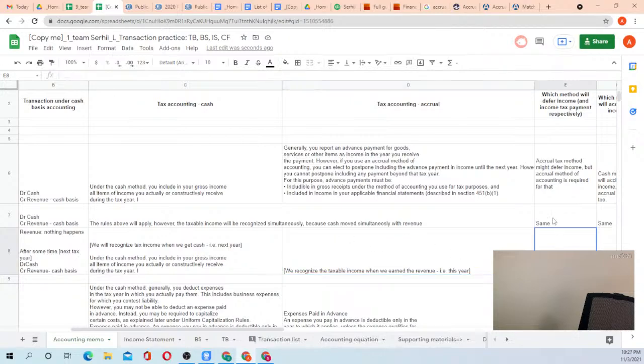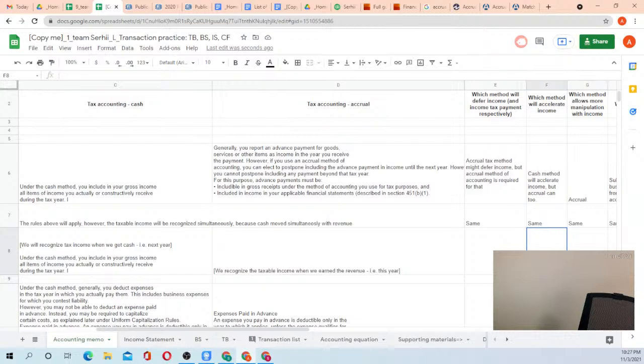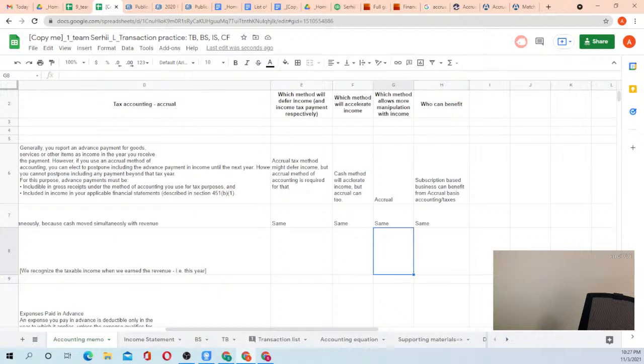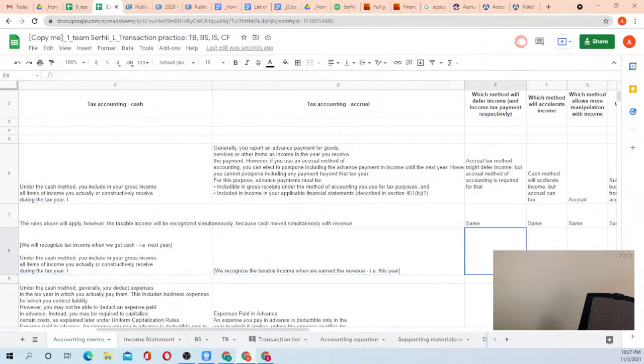So what will be the answer to the question? Which method will defer income? What will be the answer to the question, which method will accelerate income? And under which method do we have more manipulation with income? So obviously, cash method.